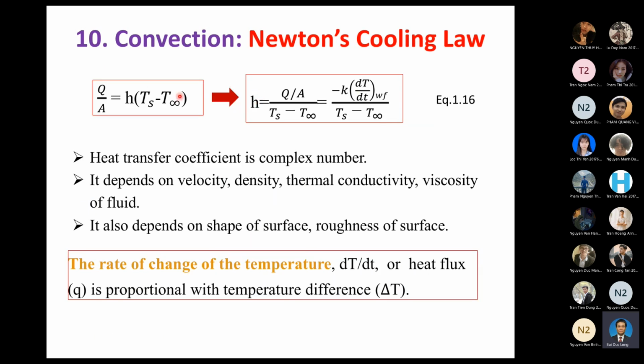Here is this equation for heat transfer. For example, if you stay in a room, you can feel a little bit hot, because the body exchanges heat with the surrounding environment by natural convection, so the H here is small. For example, the body temperature Ts is 37 degrees, and the surroundings maybe 30 degrees, so delta T is about 7 degrees, multiplied by H. So the rate of heat transfer from the body to the surrounding environment is small.